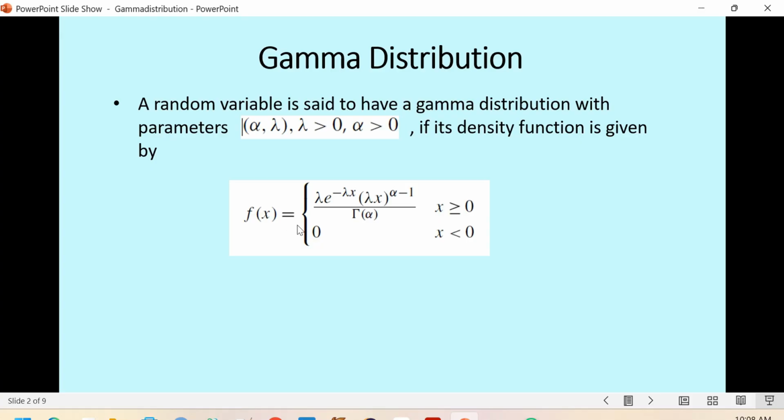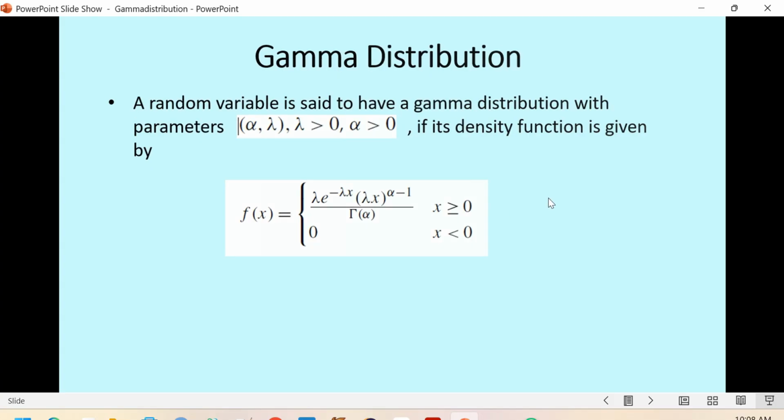Generally, the gamma distribution includes a gamma function in the denominator, and in the numerator is e to the minus lambda x, then lambda x to the power alpha minus 1. Here x is the time until the next event, or until the next several events.